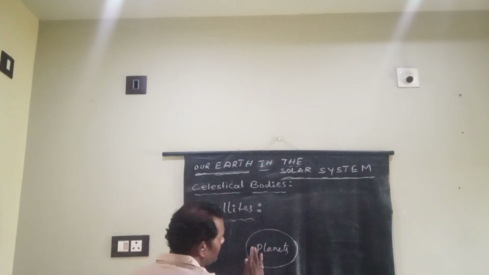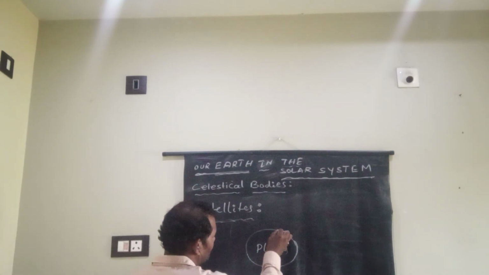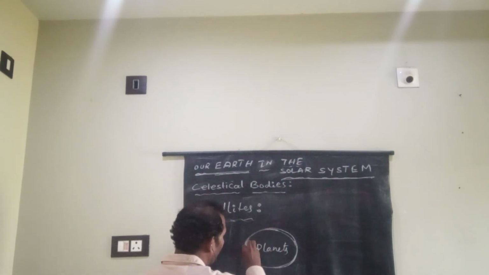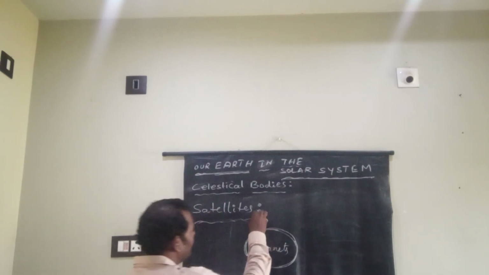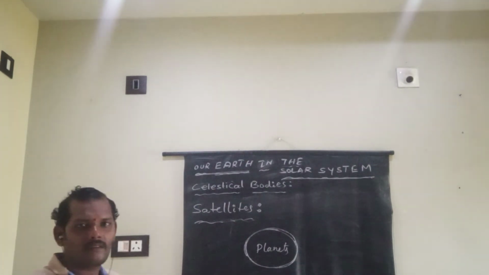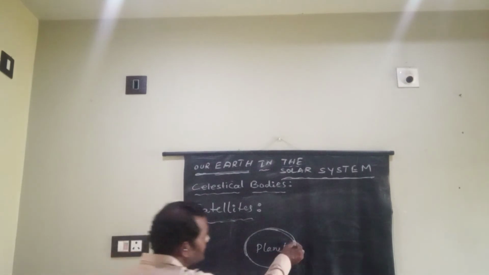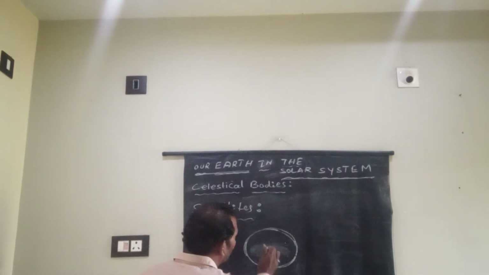Celestial bodies that move around the planets are called satellites. These satellites depend on the planets, and these planets depend on the star, the sun.